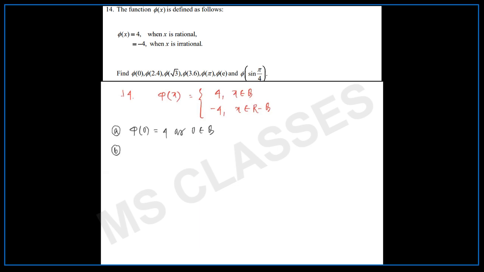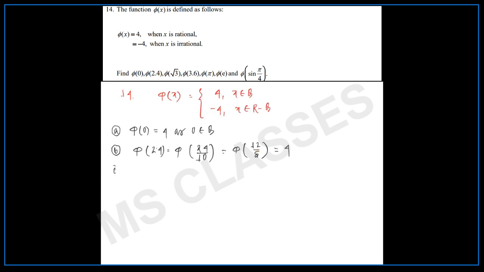Now, phi of 2.4. 2.4 can be written as 24 by 10, which is phi of 12 by 5. Now, when the input is a rational number, the output should be 4, according to the definition.